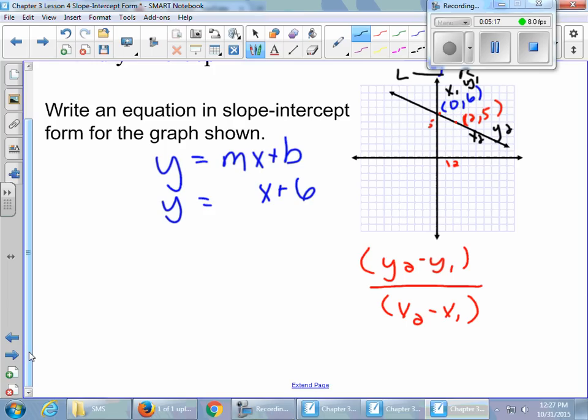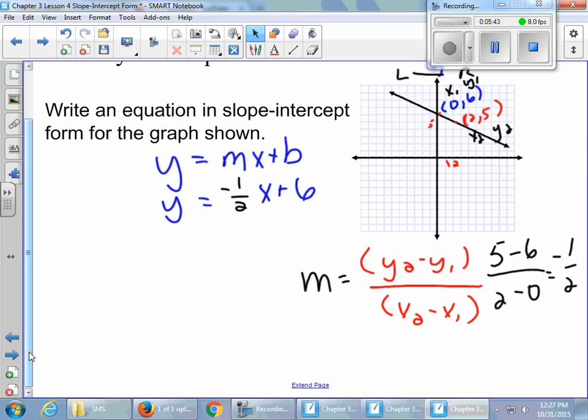Now we just plug them in: 5 minus 6 over 2 minus 0, and we get negative 1 over 2. That is our slope. So we plug it back into our equation, and m equals negative 1/2. And there you have it. Any questions? Once again, please write them down or rewatch the video, as we will be going over more examples in class.